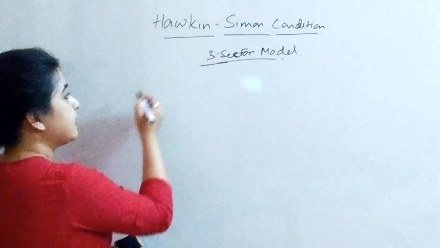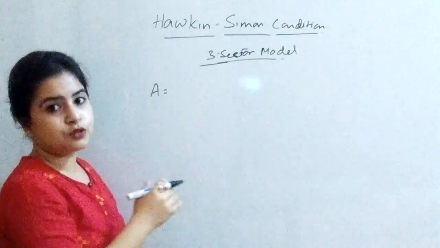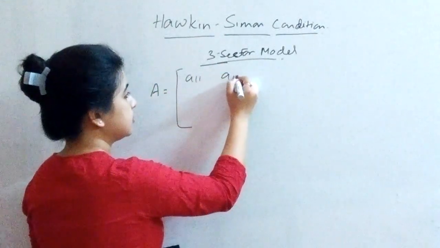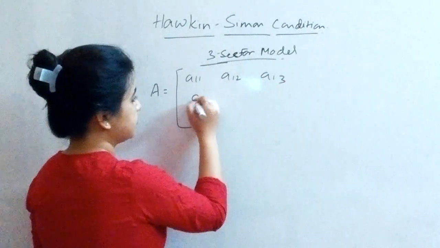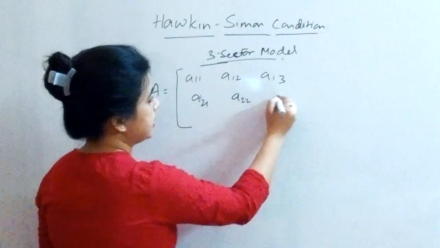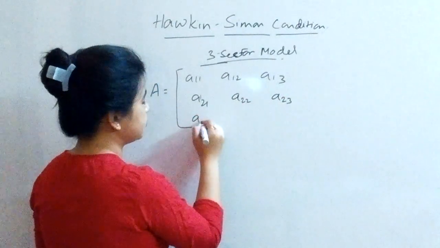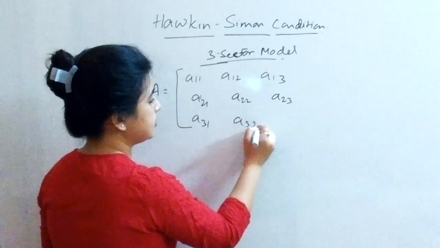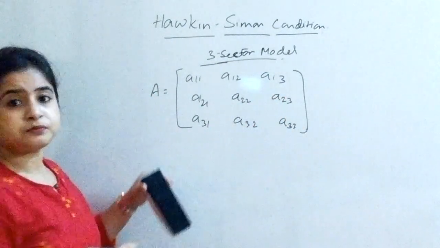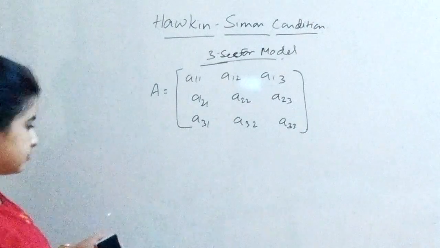Starting with the input matrix, I'm just going to write the structure: A13, here A21, A22, A23, A31, A33, and this makes our input matrix.